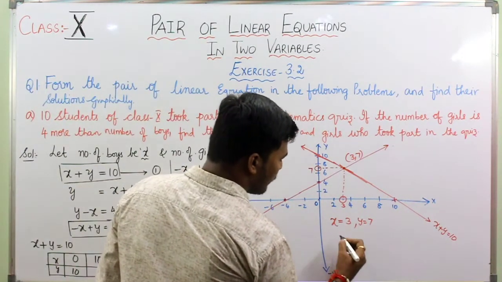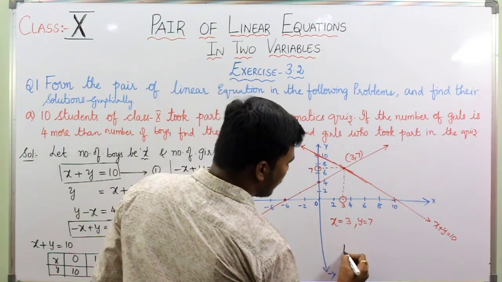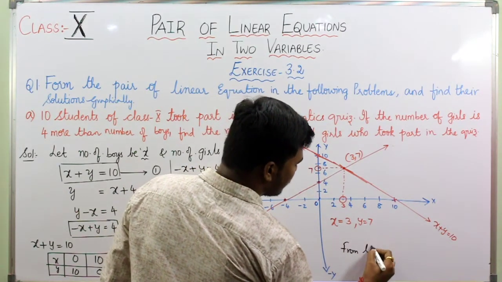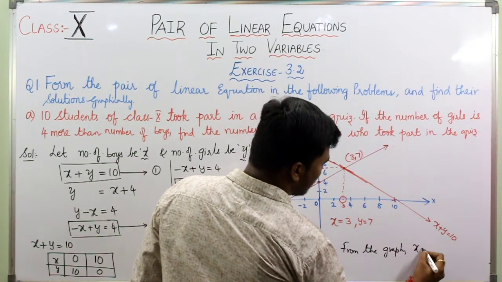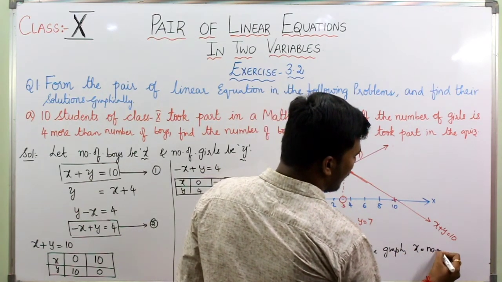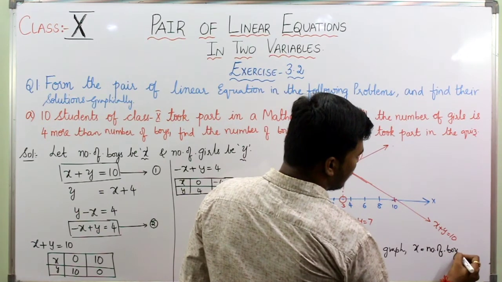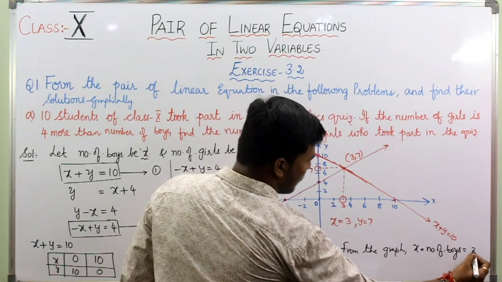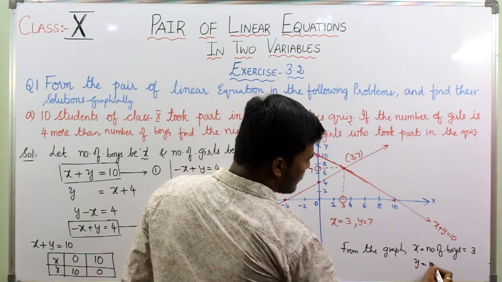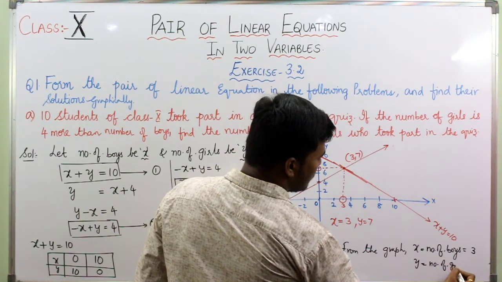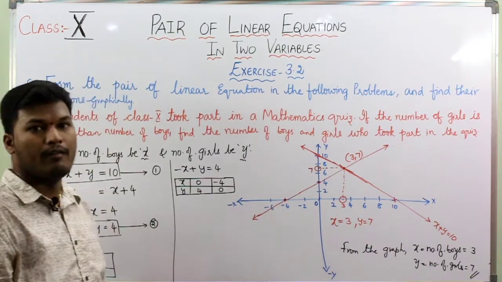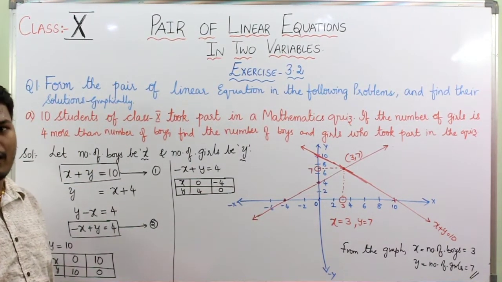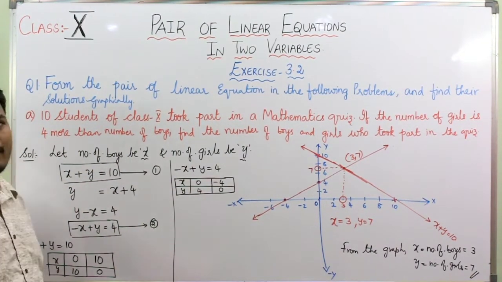So from the graph we can conclude that x, that is the number of boys, is equal to 3, and y, that is the number of girls, is equal to 7. So this is how we find the values of x and y using the graphical method.